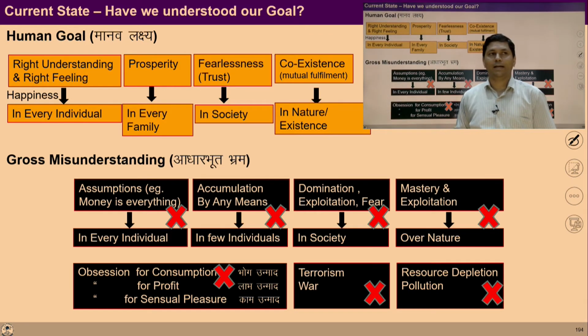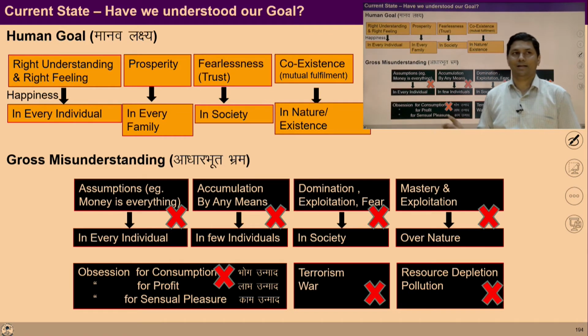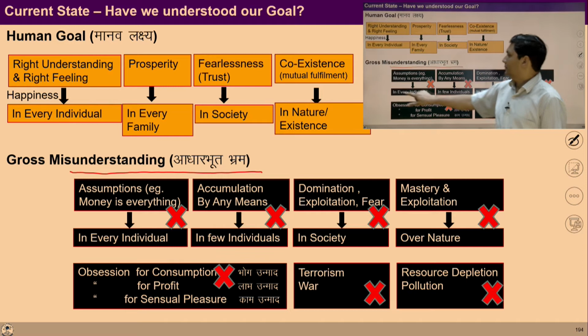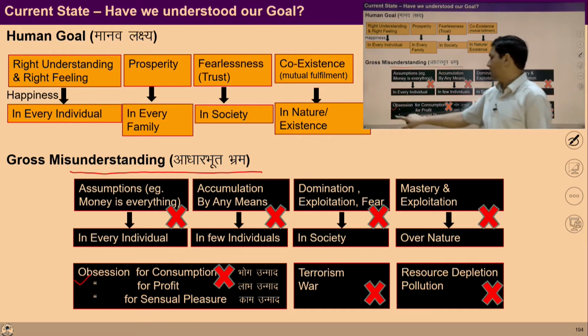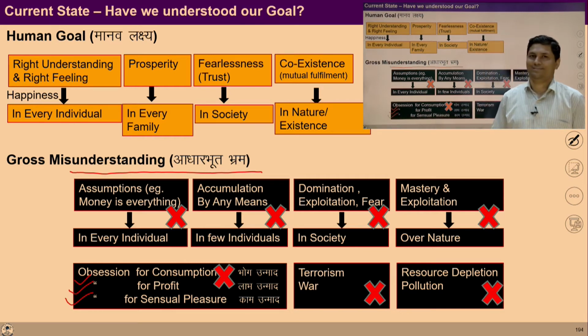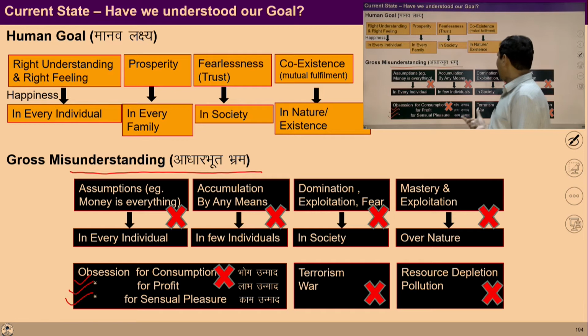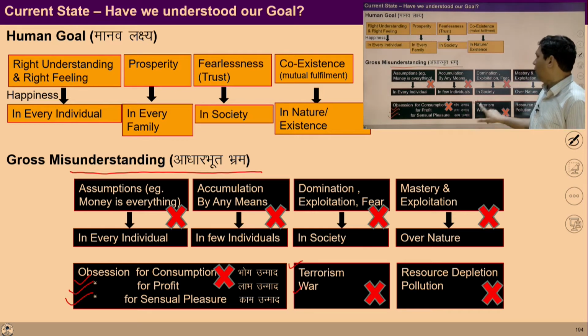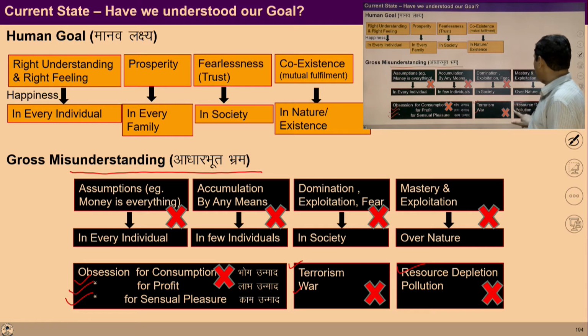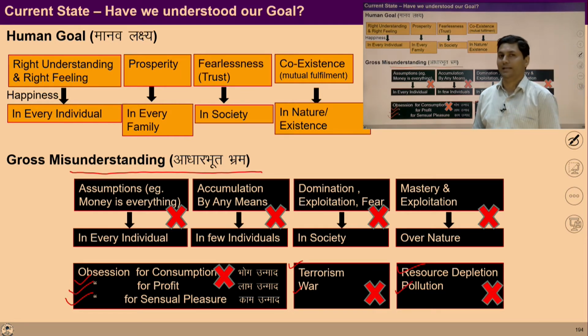So this is the current state. What is the current state? There is an obsession for consumption, an obsession for profit, an obsession for sensual pleasures. Similarly, we can see terrorism, war in the society, exploitation, natural depletion, pollution in the nature.